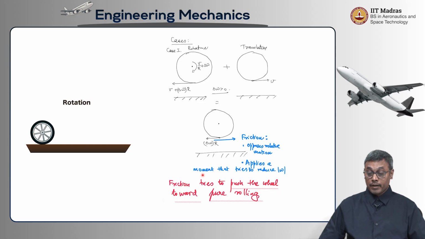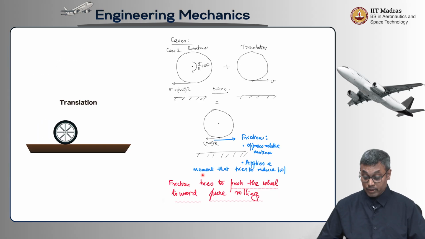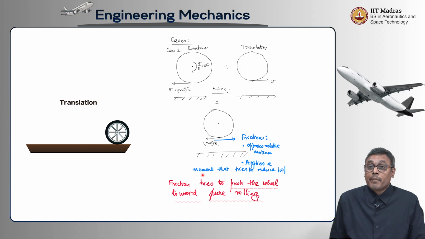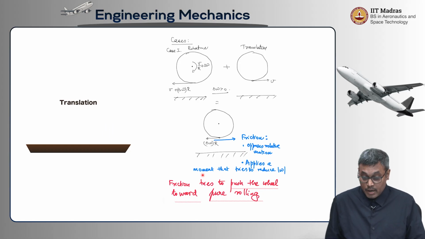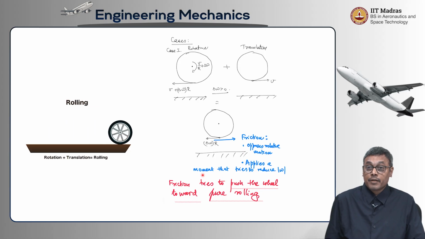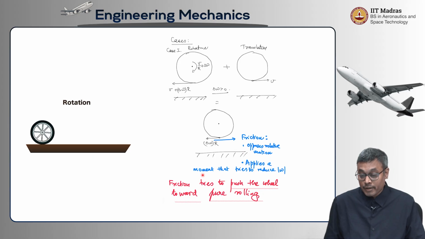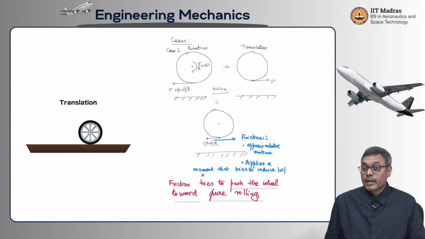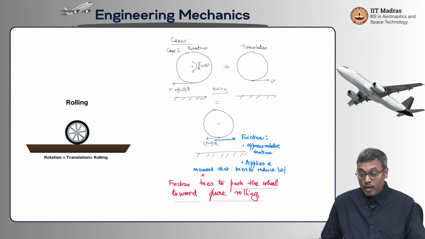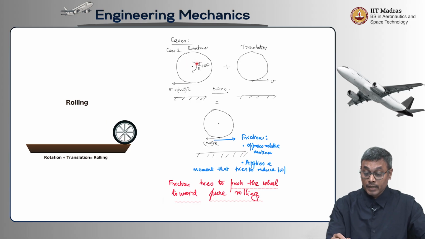So we have two special cases that we should consider. Here again we come back to our good old preoccupation, which is the direction of friction. Direction of friction basically depends on the direction of impending motion. So let us consider two special cases.